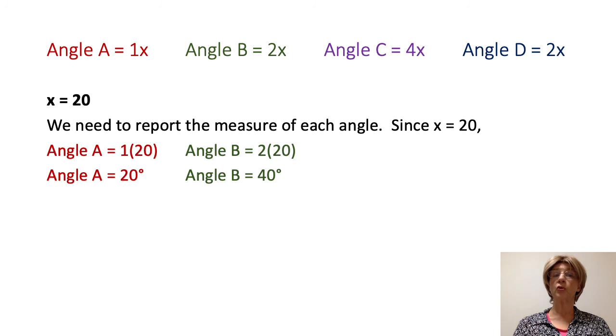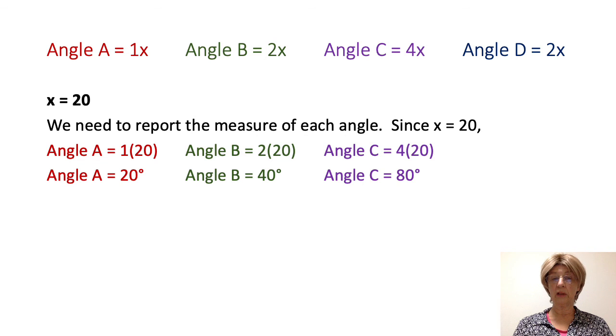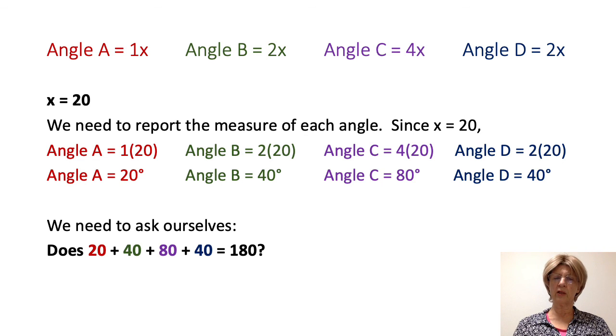Angle B equals 2 times 20, which equals 40 degrees. Angle C equals 4 times 20, which equals 80 degrees. And angle D equals 2 times 20, which equals 40 degrees. We need to ask ourselves, does 20 plus 40 plus 80 plus 40 equal 180? Yes, it does.